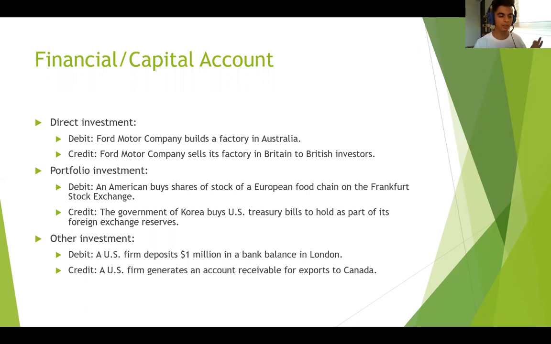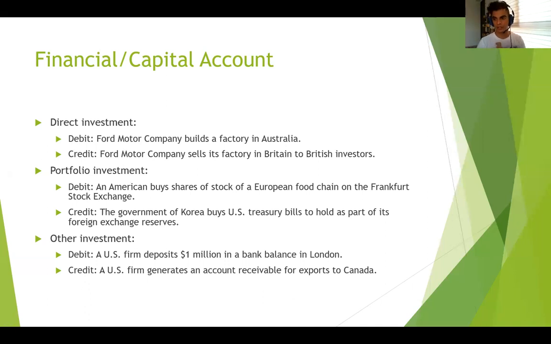So direct investment is basically anything that's related to a physical investment, that is related to a building or to a factory, things like that. And portfolio investment, and I think it will also help you to differentiate between the two, are all the financial instruments that help you to make an investment.